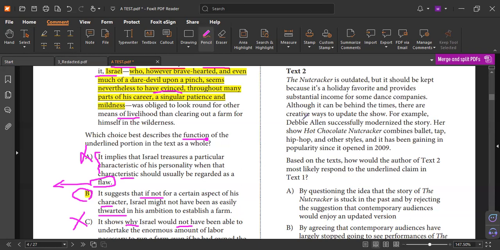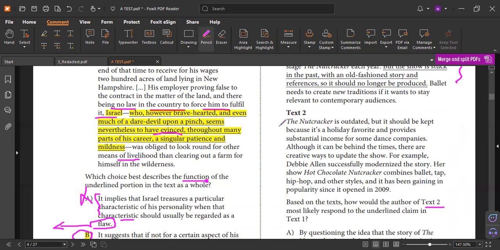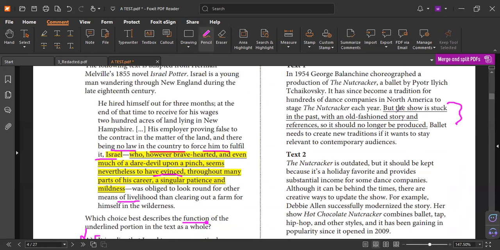Based on the text, how would author 2 respond to the underlined claim? We need the response and reaction of author 2. What is the underlined claim? This point. So my job is to understand the underlined, and while reading text 2, I am looking for something related to the underlined only, nothing else.